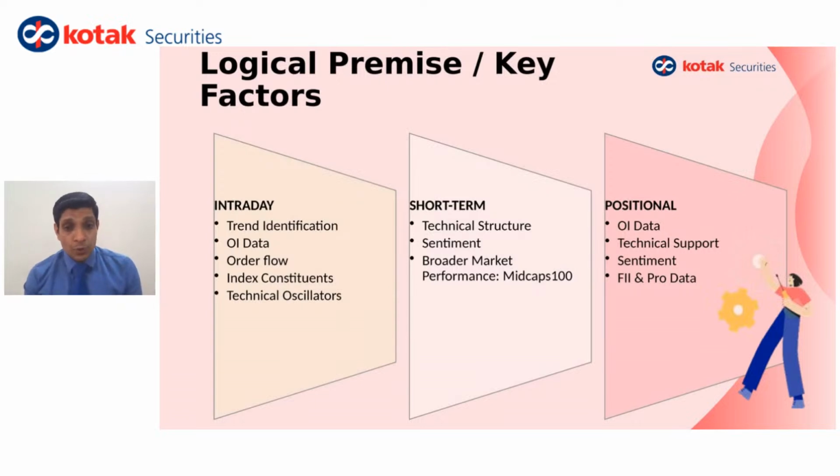It is very, very important if you're a positional trader to have a macro view of all things before getting into a trade. So, which means you will go ahead and have a view of what the FIIs and the prop desk data, institutional desk data points are, and what they are doing, whether they are buyers or whether they are sellers. I mean, to just have a generalistic view.